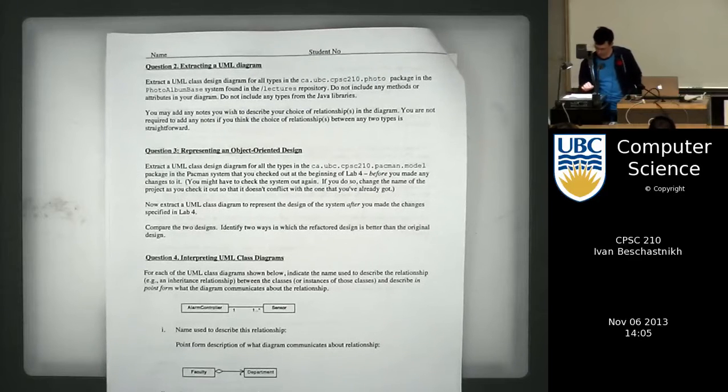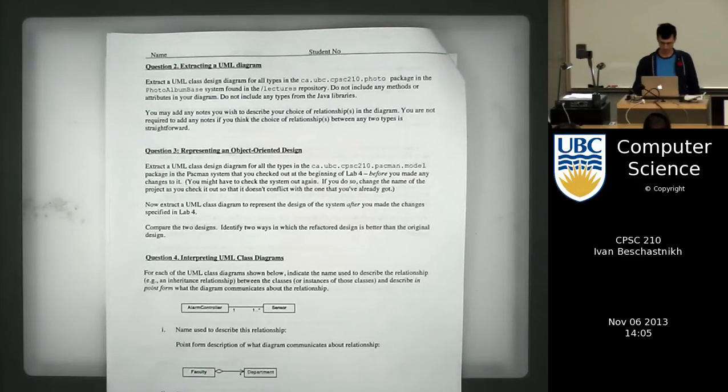Is it just Pacman? So this is question 3 on the sample midterm. Extract UML class diagram for all the types in Pacman model.